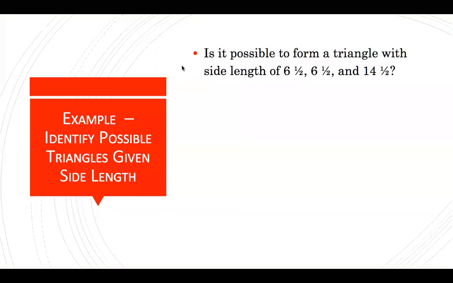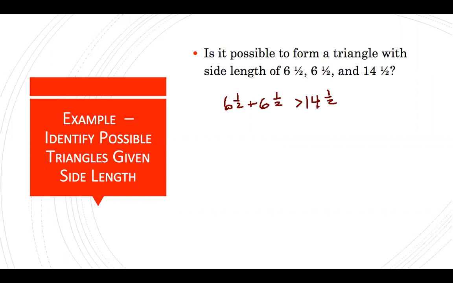So, is it possible to form a triangle with side lengths 6.5, 6.5, and 14.5? So all three inequalities have to be true for you to say yes. So let's start. So we have 6.5 plus 6.5 needs to be greater than 14.5. 6.5 plus 6.5 gives me what? 13.